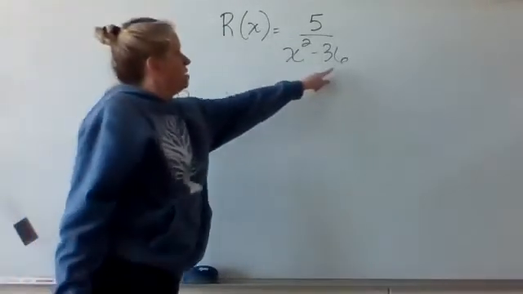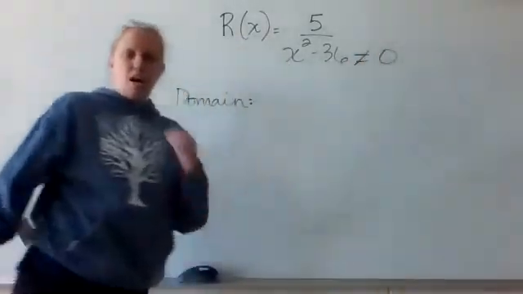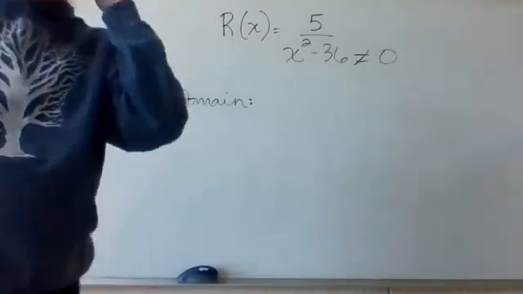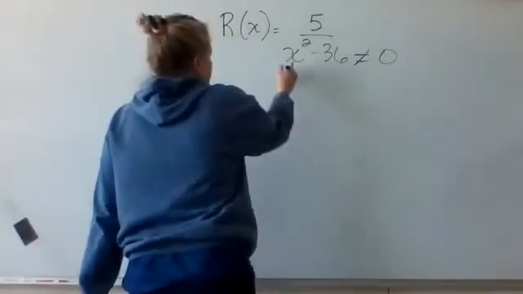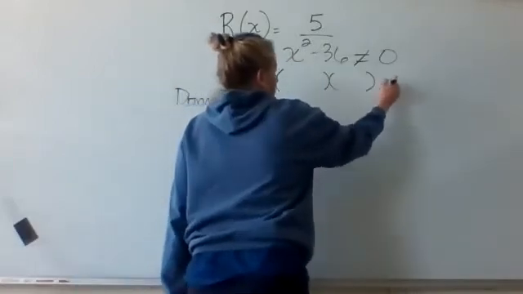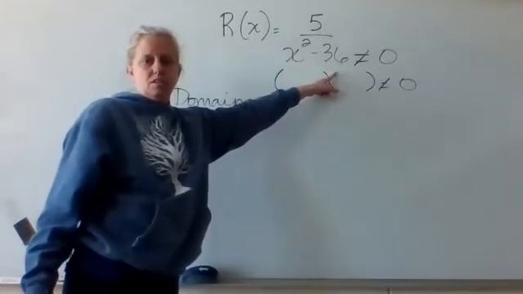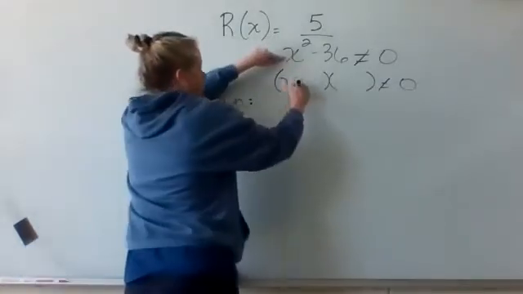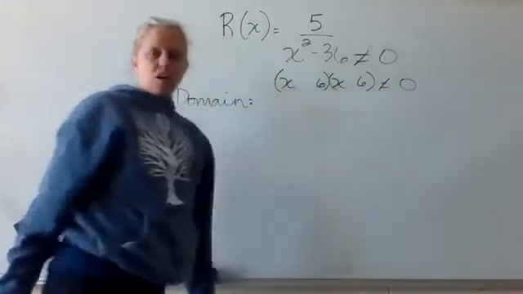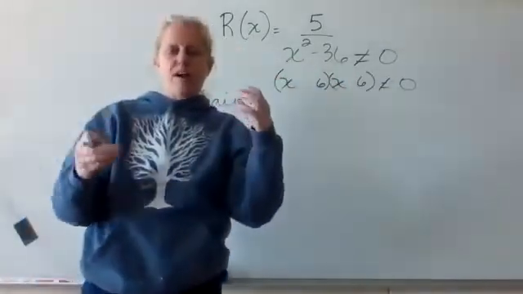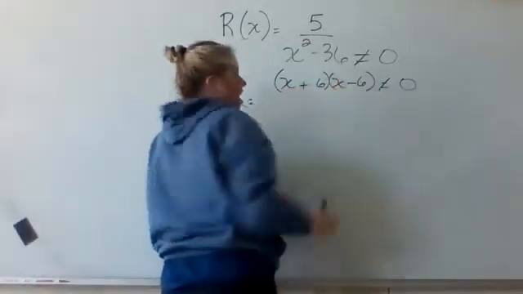All right, so the domain says I just need to leave out the zeros of that denominator. So I need to figure out what's going to make that denominator 0. This one, again, is not too bad of a factoring problem because it's a difference of perfect squares. So x and x gives you x squared. 6 and 6 gives you 36. Now remember, when you're factoring a difference of perfect squares, the signs are always opposites.